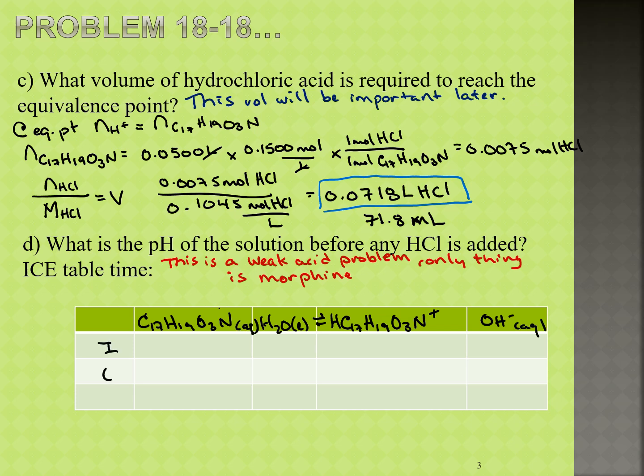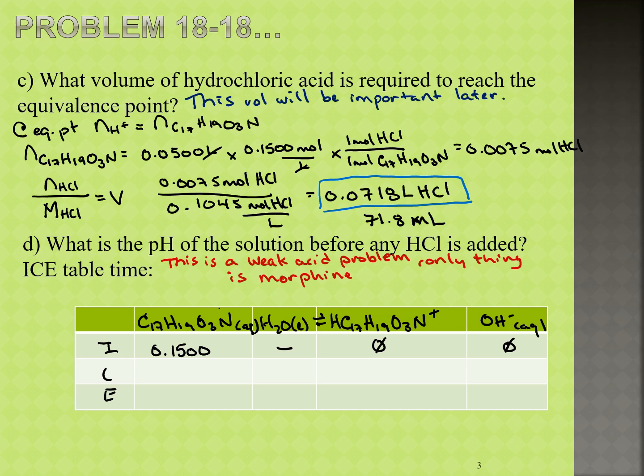And we got our ICE. All right, so initially, my molarity of my morphine is 0.1500. My water, I don't care about because it's a liquid. I don't have any of the conjugate acid, and I don't have any hydroxides yet.